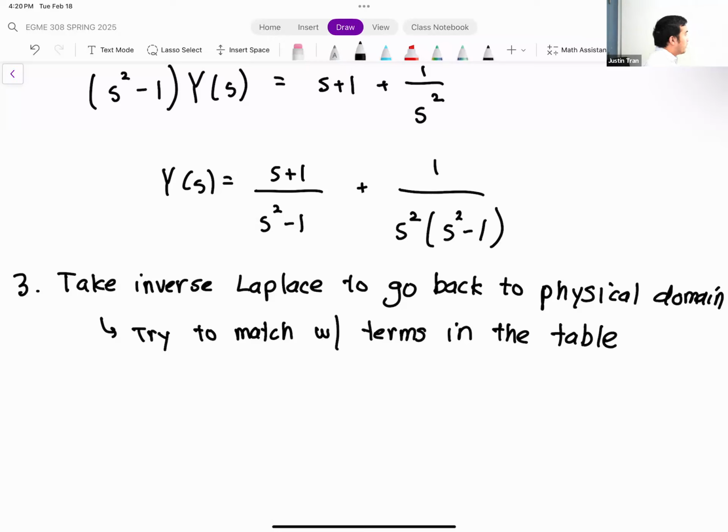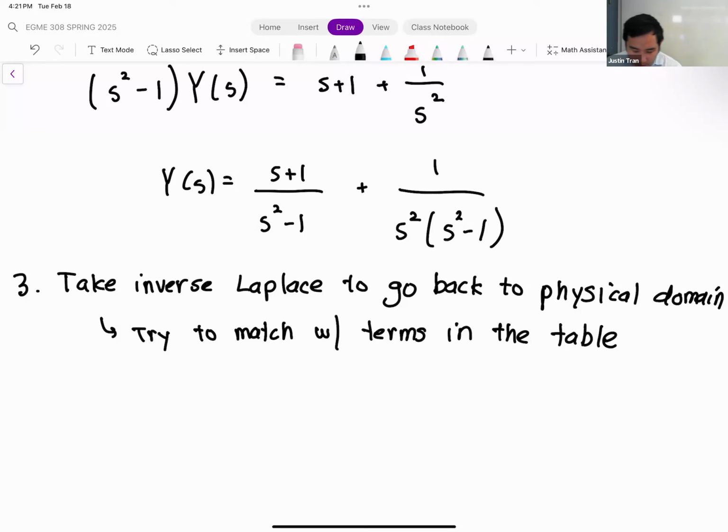Usually at this point you have to perform a little extra algebra to manipulate these expressions, because neither of these terms is really in the table itself, with the exception of the first one. The first one you could probably find in the table. The second one, we're going to have to work on a little.